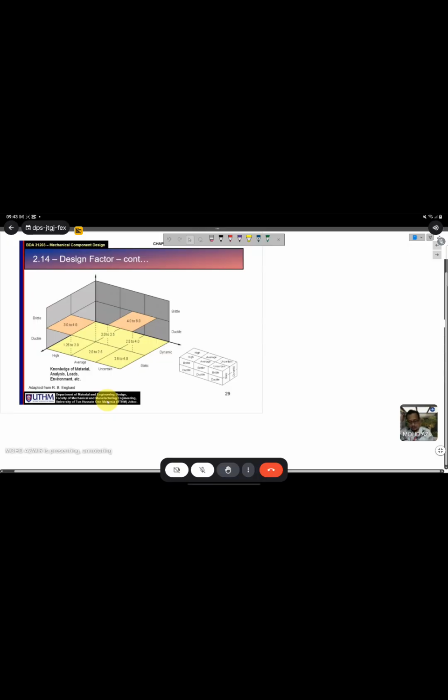This is some reference if you want to know the suitable value for safety factor. We have brittle and ductile materials. Maybe you can look at the next slide.